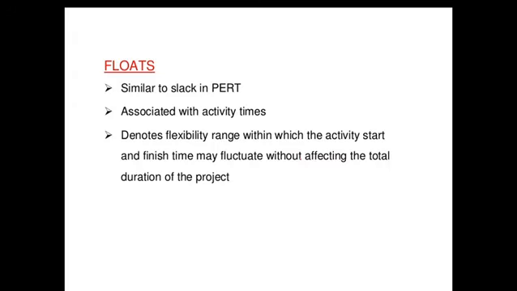It denotes flexibility range within which activity start and finish time may fluctuate without affecting the total duration of the project. We have different types of floats, such as total float, free float, and independent float. Now let us see in detail about total float.